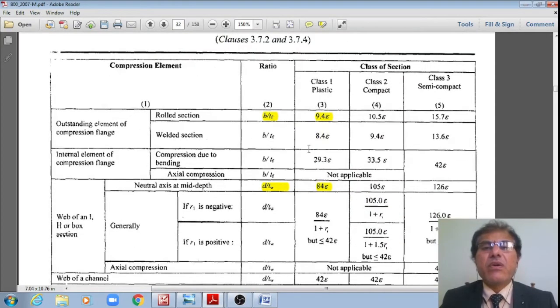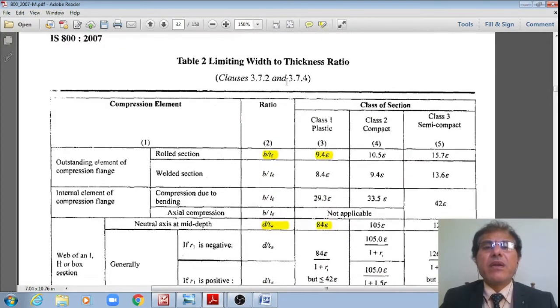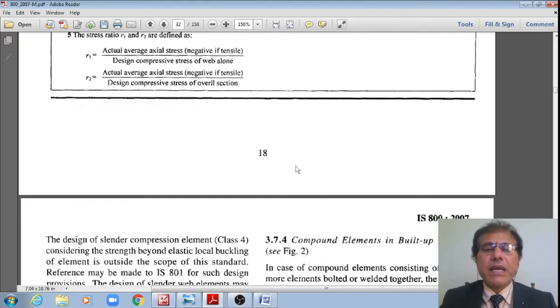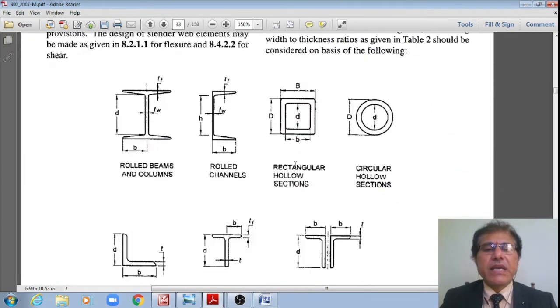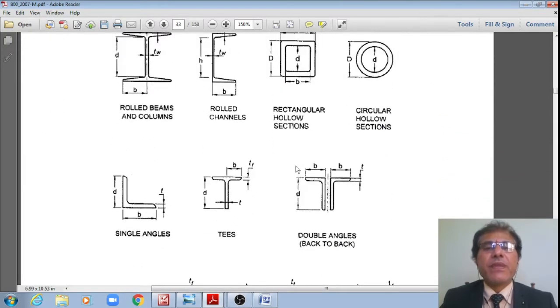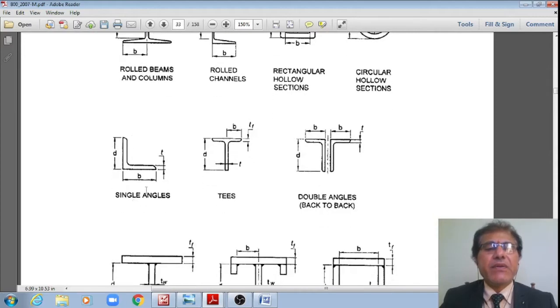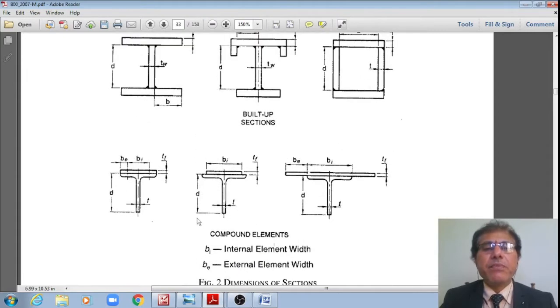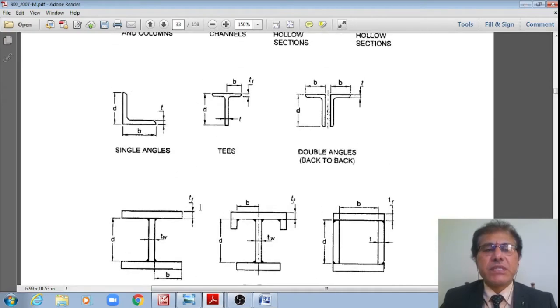Now we are checking what is the buckling class and what is the section classification. Now I have the angle section. This is defined as B, this is defined as D, and this is T for single angles as per this figure 2, dimensions of the section. Even B1, BE are also given. Therefore for different sections these are defined.